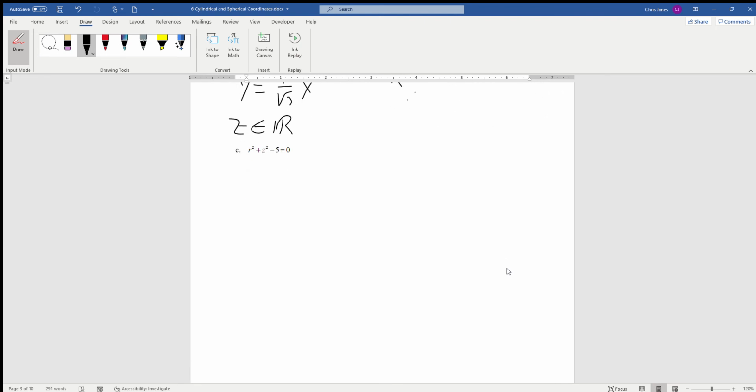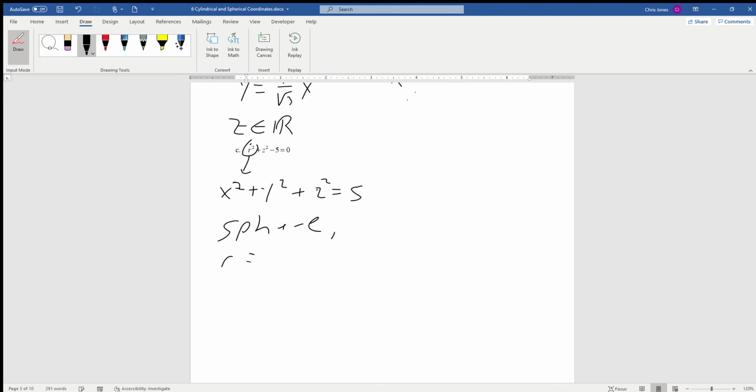A third example, this one's actually fairly easy. We already have r squared, so we can just rewrite this as x squared plus y squared plus z squared is equal to 5, just by adding 5 to both sides. And this is really nice because this is exactly the formula for a sphere.